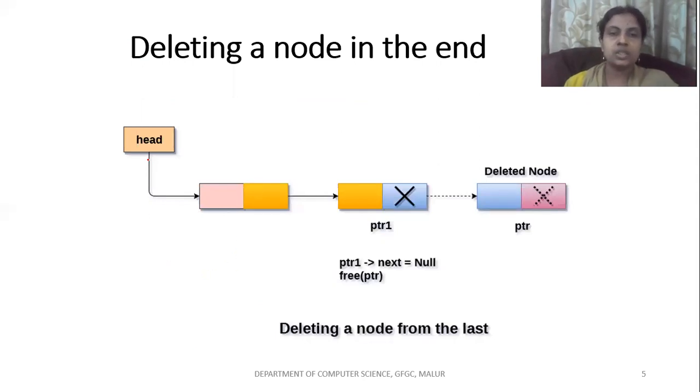So deleting the node at the end means you need to come to the last node and check where you will find the next part as null. So how do we know it is the last node? The address part of the last node will be null. So till there you need to come. Then the previous node will be there, no?